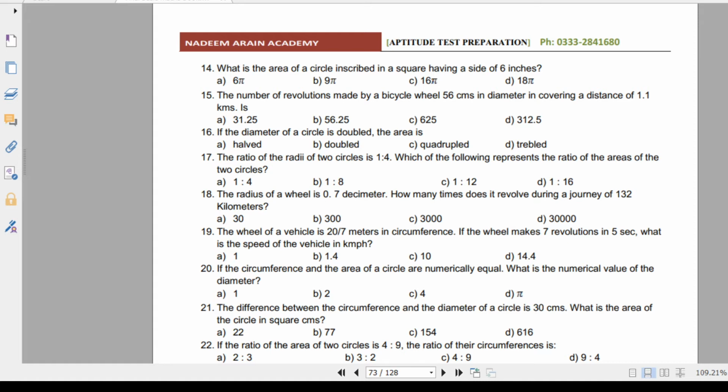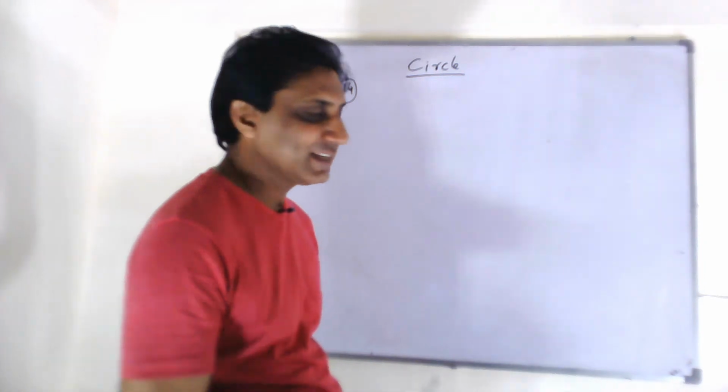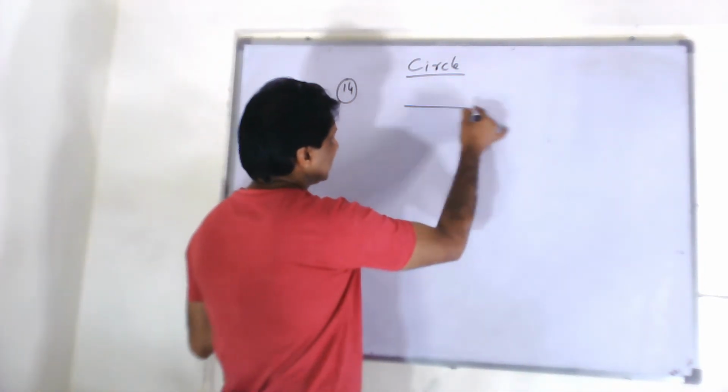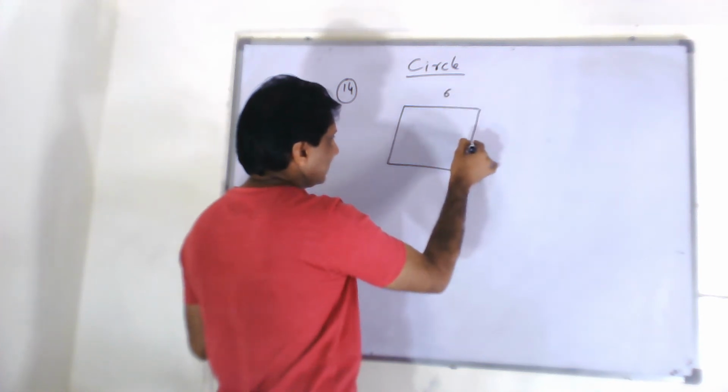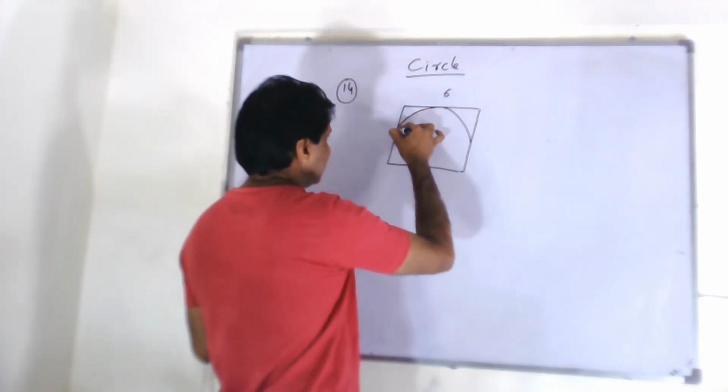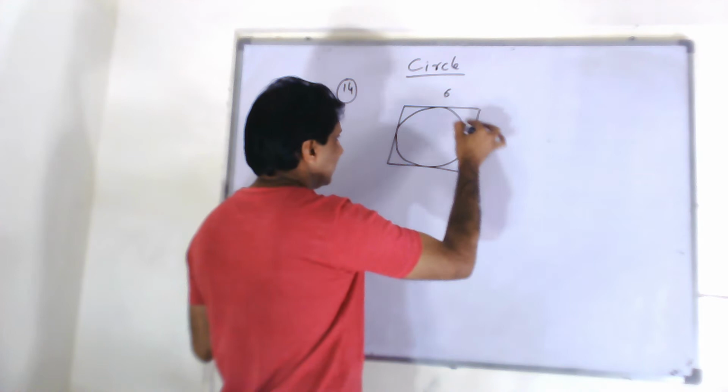Question 14. What is the area of a circle inscribed in a square having a side of 6 inches? The side of the square is 6 inches and the circle is inside. This is 6 inches and this is a circle inscribed inside.